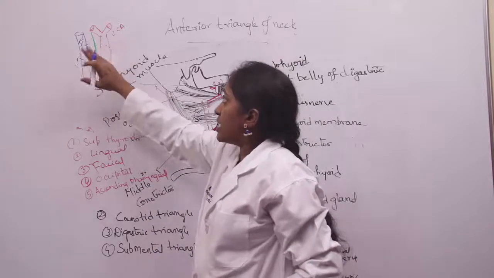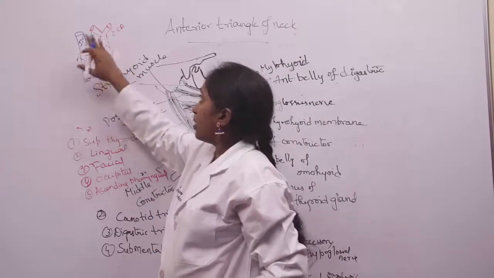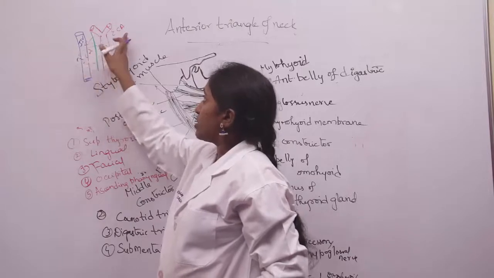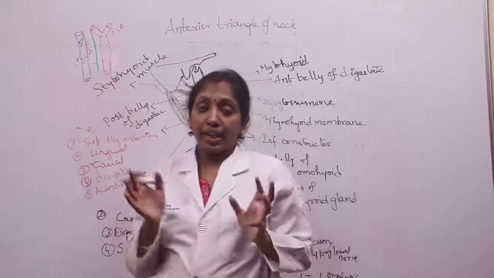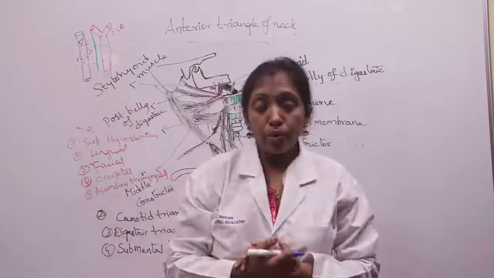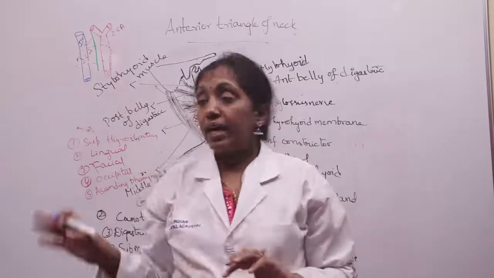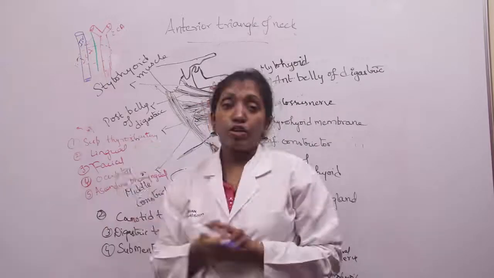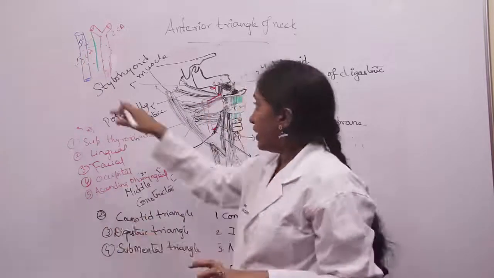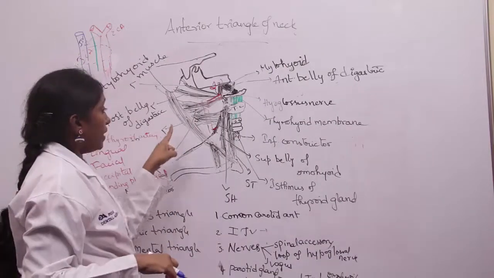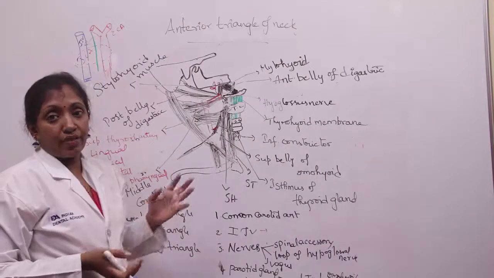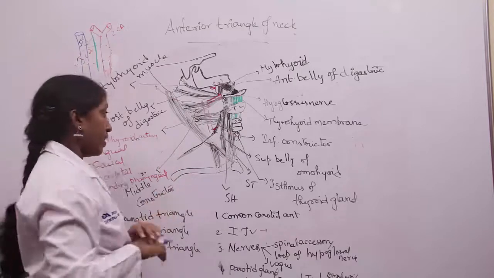So the carotid sheath is thick on every aspect, it covers all the common carotid artery, vagus nerve and internal jugular vein, but the carotid sheath covering the posterior aspect of the internal jugular vein is thin in order to allow the expansion. So the internal jugular vein along with the subclavian vein joins to form the brachiocephalic vein.